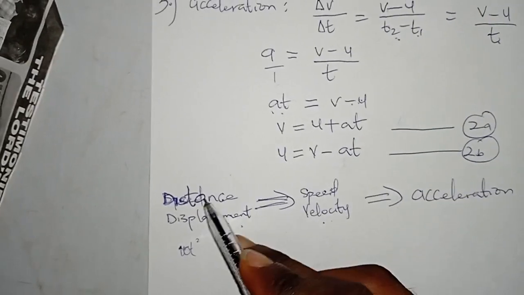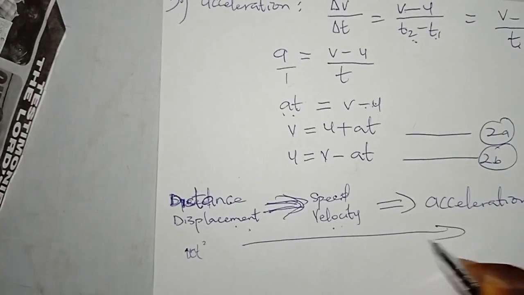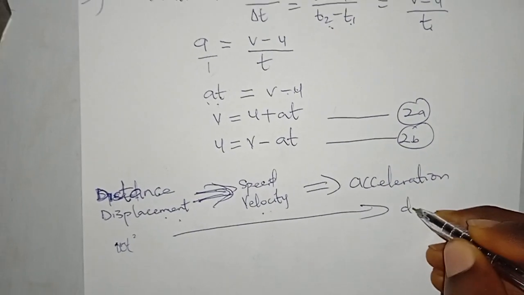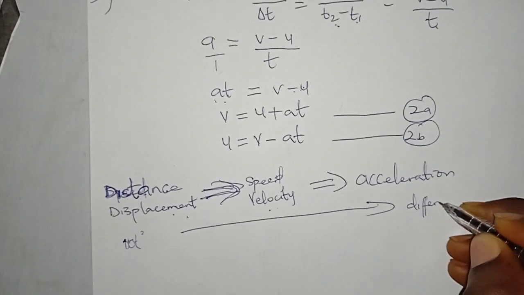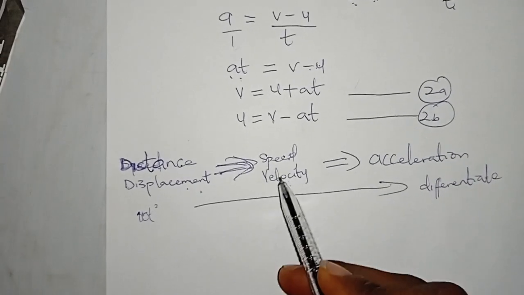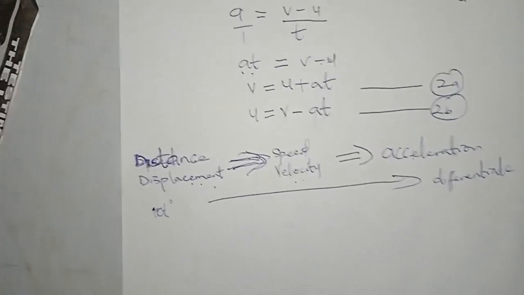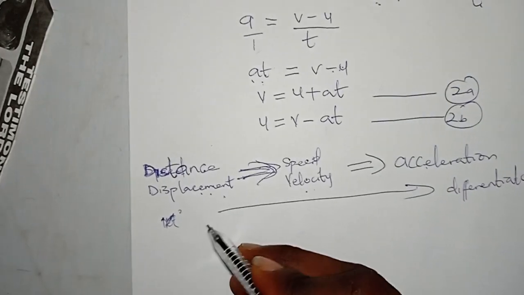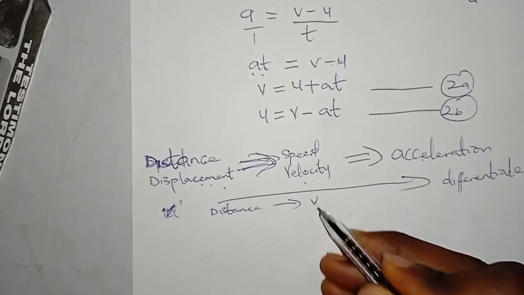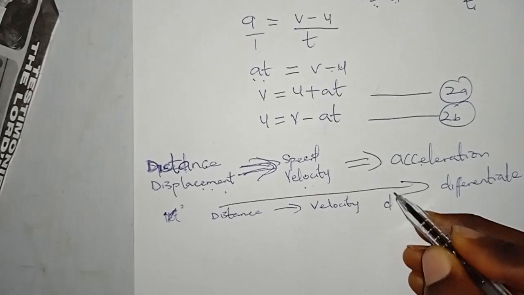But for the fact that what you are given is distance, and notice that it's going in this direction, when you are given an equation of motion, whatever it is, what you do is differentiate, because you can derive velocity from displacement, and you can derive acceleration from velocity. So if I have distance to velocity, you differentiate once.